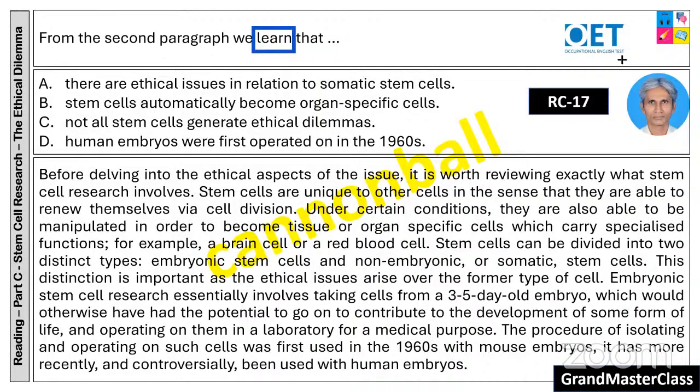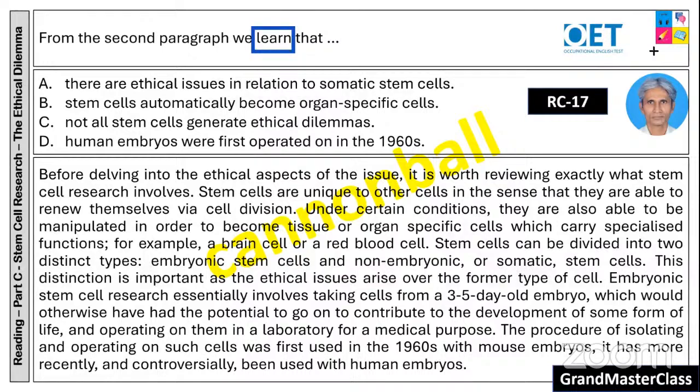Vijay, can you give the explanation? Tell me now. Hello? Vijay, what happened? Unmute. Okay. Nobody else? Dr. Keval, you only.